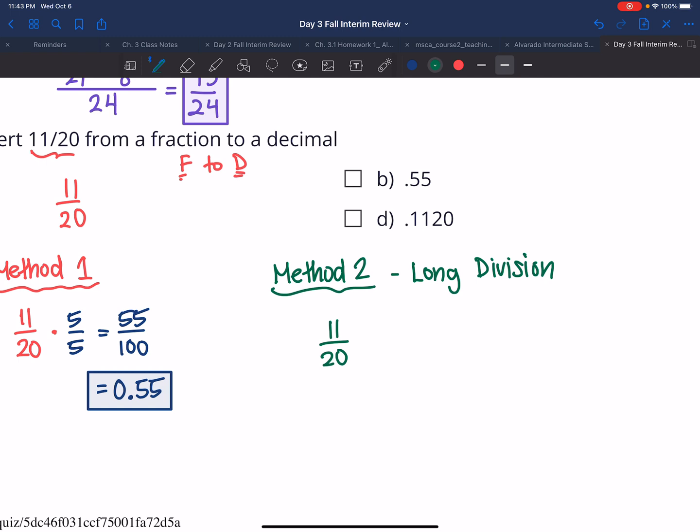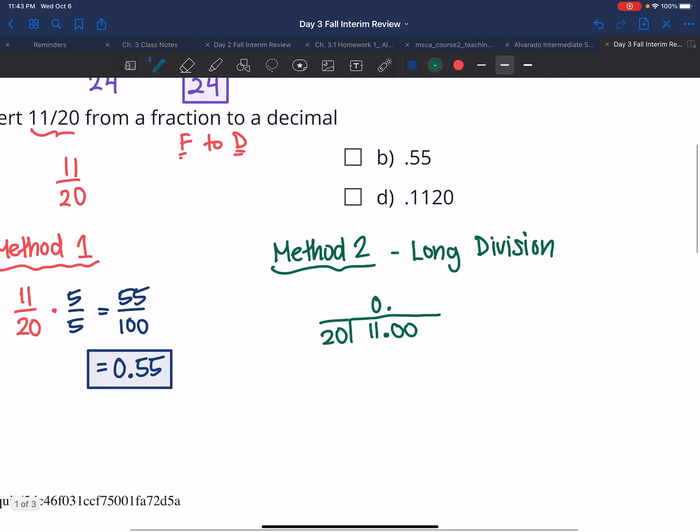Okay, so then go ahead and draw your T, right? And then put the 11 inside, put the decimal, and then we'll cross out the 11, erase that so it's gone. Make sense? Okay, so 20 goes into 11 how many times? Well, 0 times. And how many times does 20 go into 110?